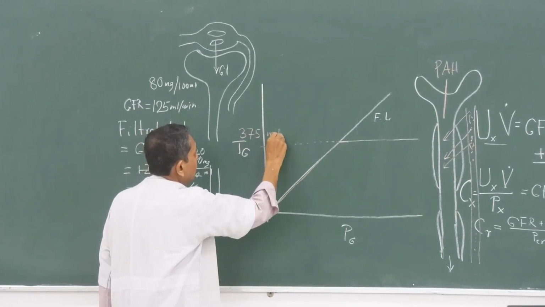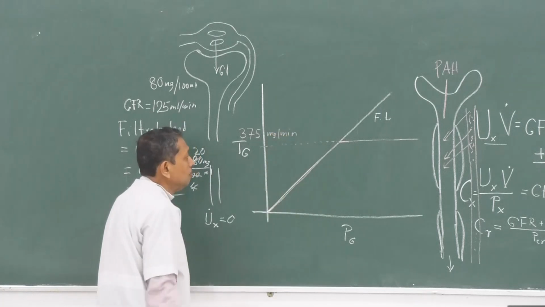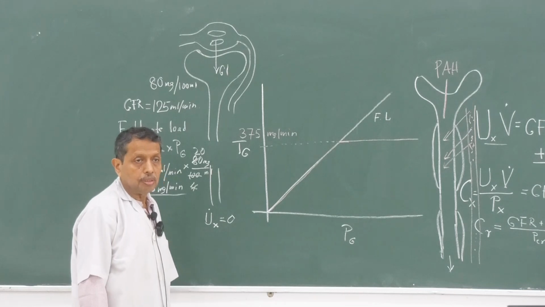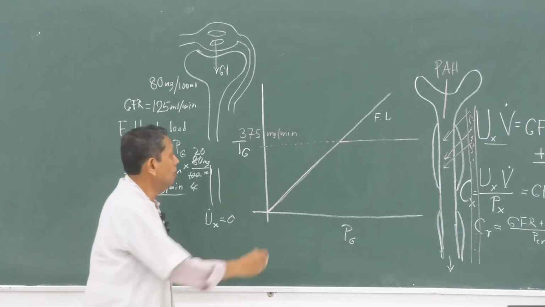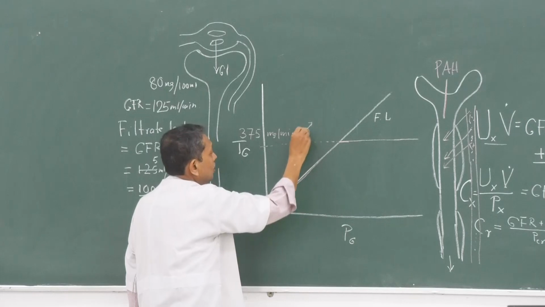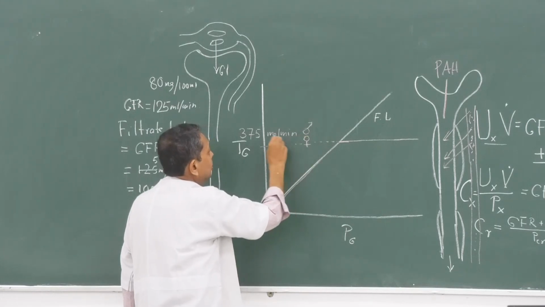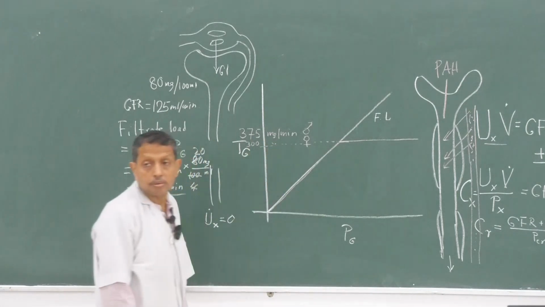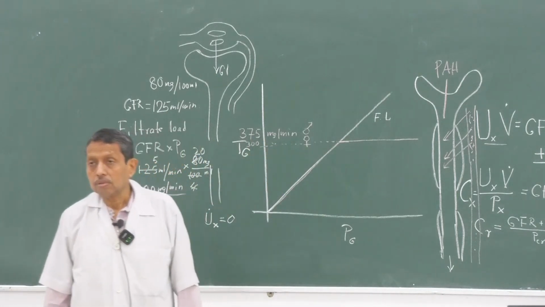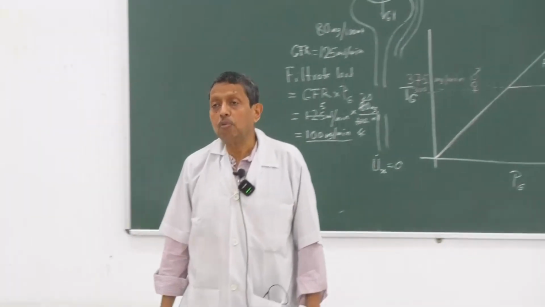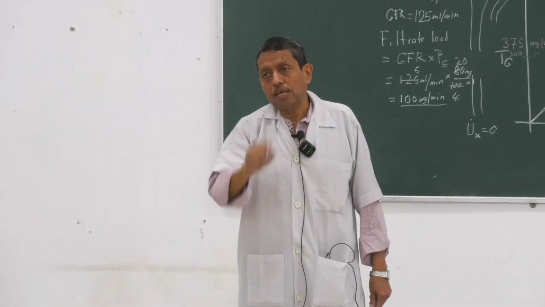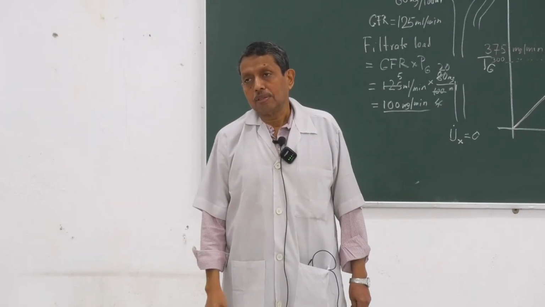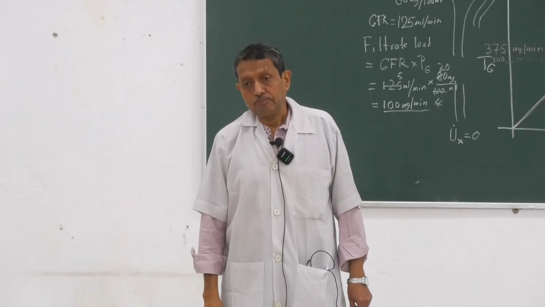Milligram per minute. $375 in case of male, and in case of female. So in case of male, if you consider this is the filtered load, up to which it is possible to reabsorb all of them.